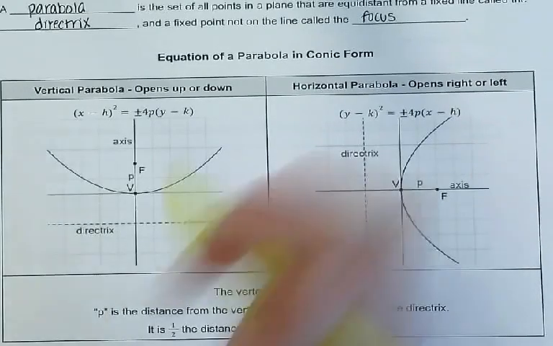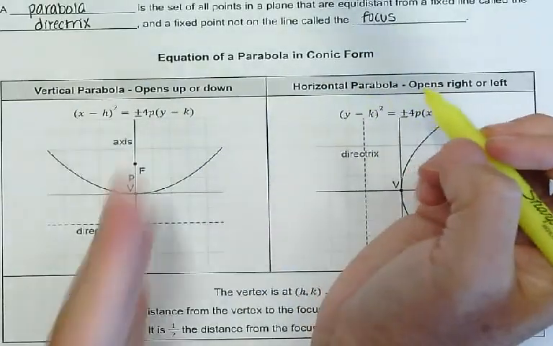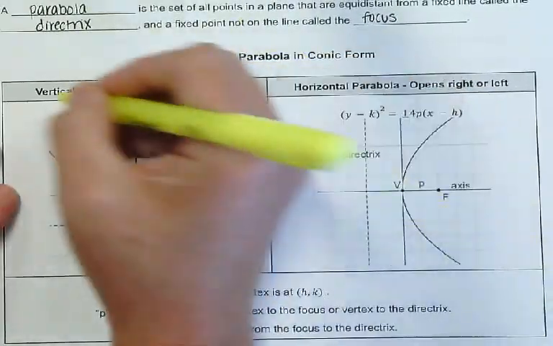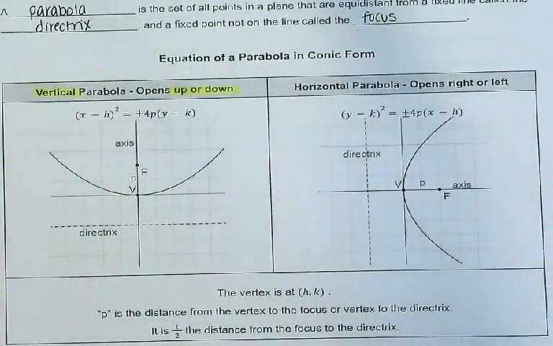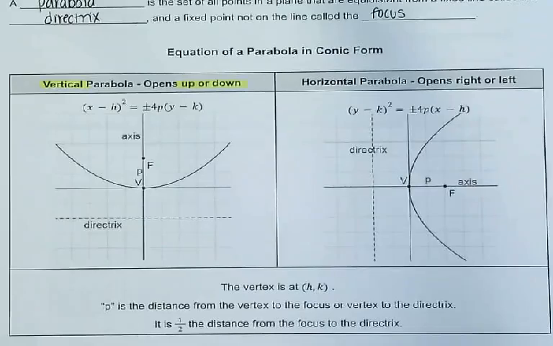So vertical is up and down. Your vertical parabola is going to either open up or down.